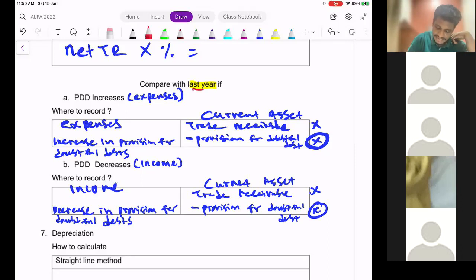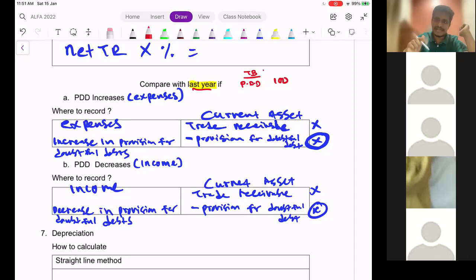Compare with the last year. Last year, let it be in a trial balance. In the trial balance, the last year's PDD may be 100. This is the last year's PDD.